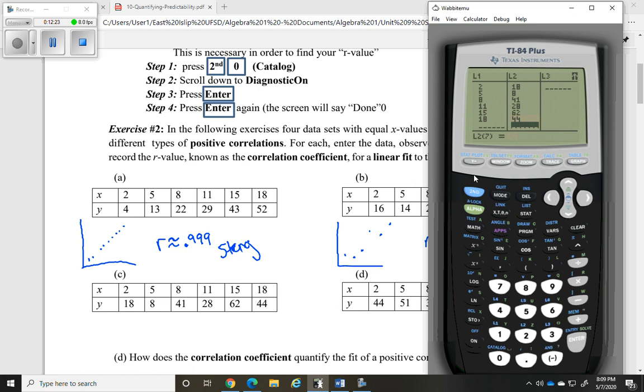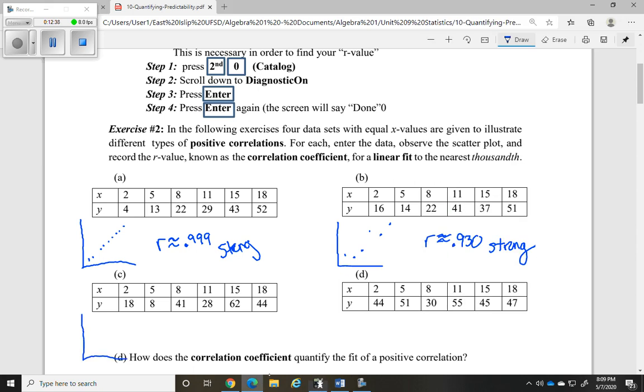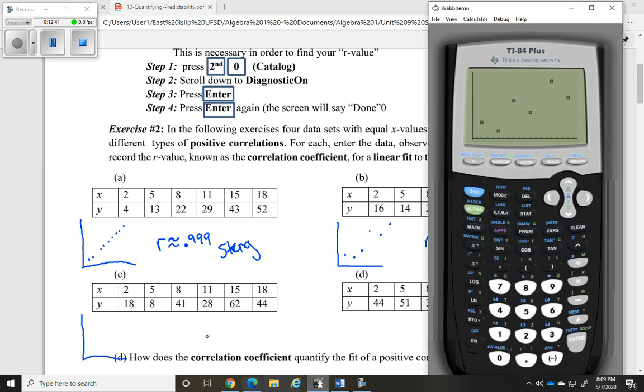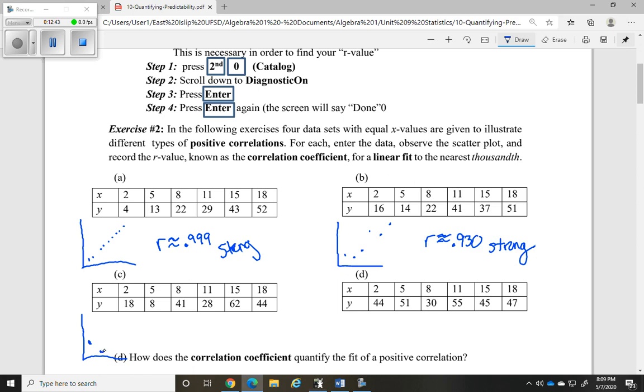We'll take a look at the scatter plot. And I guess they're even a little more spread out. Still positive though.